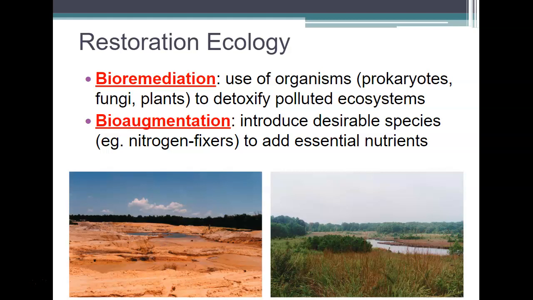So if there is a lack of plants, they might bring in specific species to fix nitrogen and phosphorus into the soil that wasn't there before, in an effort to make it healthier. So whether it's the overall umbrella term of bioremediation or specifically bioaugmentation, meaning they're changing the landscape by choosing certain species, the goal is to make the area healthier. And we'll talk a little bit more about that in the next and last presentation.